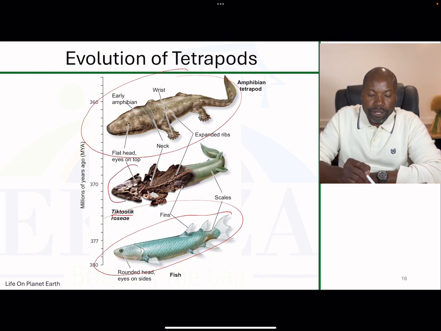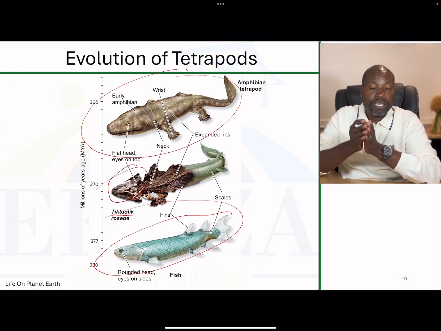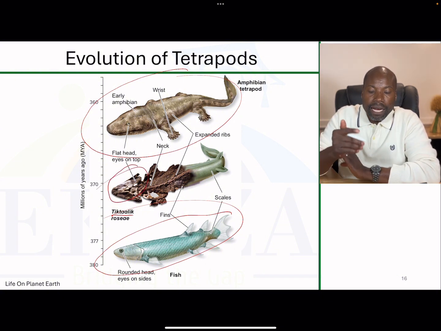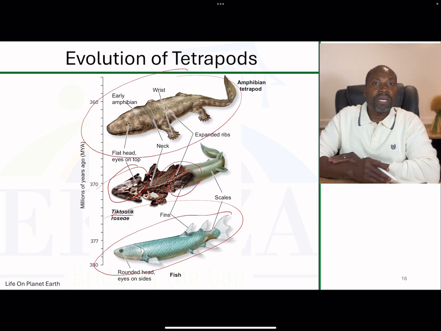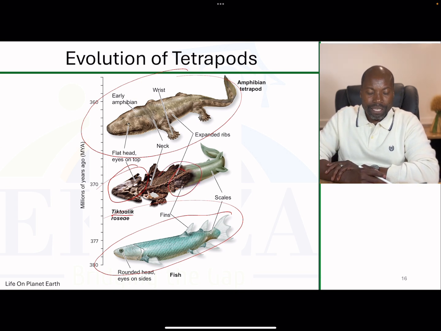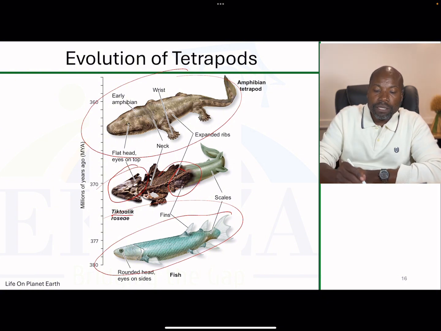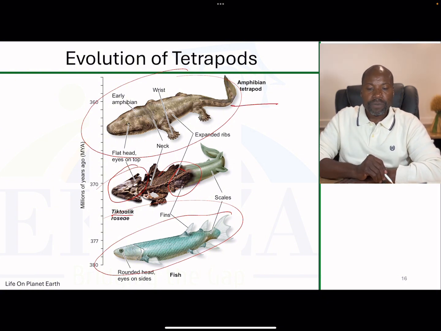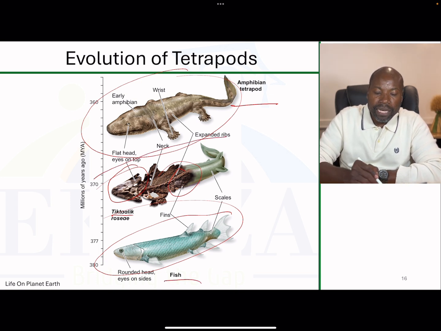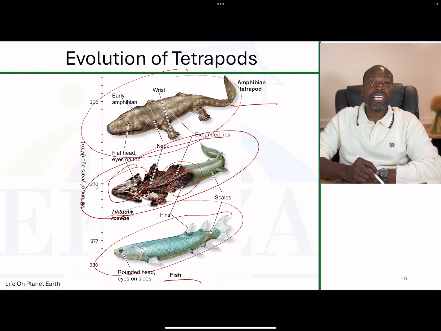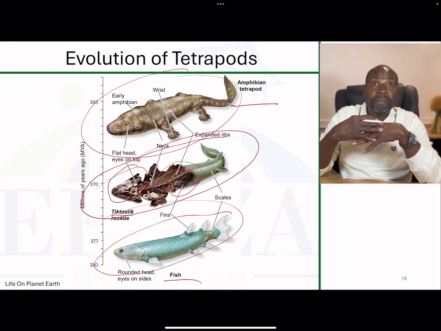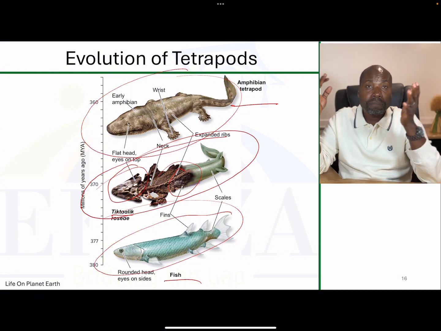There are some features that are reminiscent of amphibians, and there are some features that are reminiscent of fish, causing us to think that between this organism here, the amphibian tetrapod, and the fish here, you had an intermediate that would be actually the link between the past and the present.